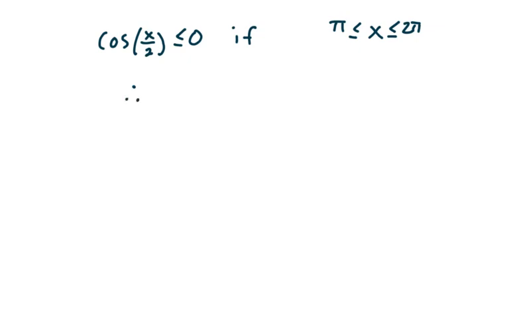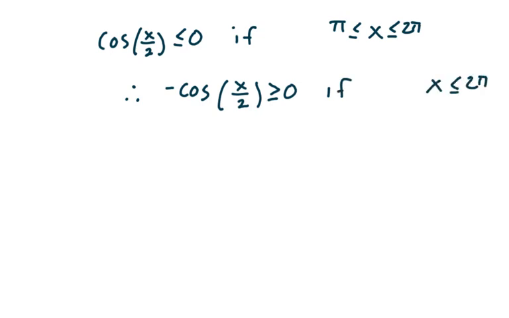That tells me negative cosine of x over 2 is greater than or equal to 0 if x is less than or equal to 2 pi and greater than or equal to pi.